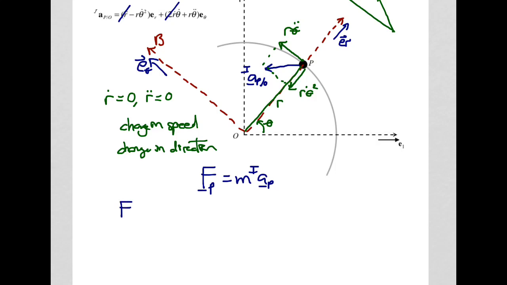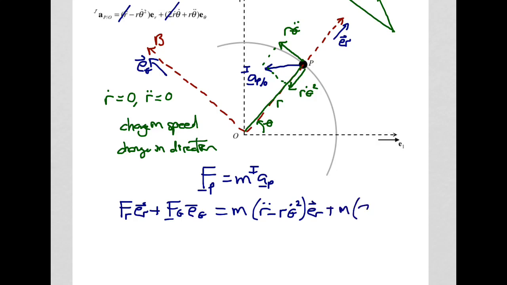We've got an F sub r in the e sub r direction plus an F sub theta in the e sub theta direction, and that's equal to the mass multiplied times (r double dot minus r theta dot squared) in the e_r direction plus the mass multiplied times (2 r dot theta dot plus r theta double dot) in the e sub theta direction.